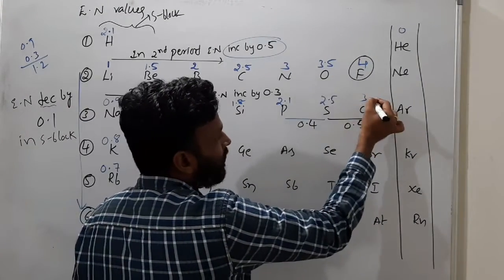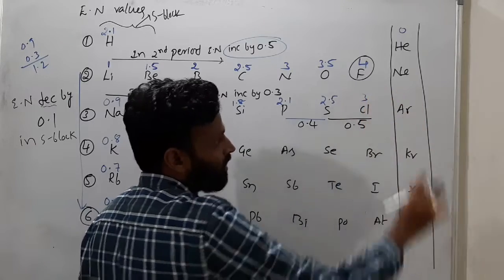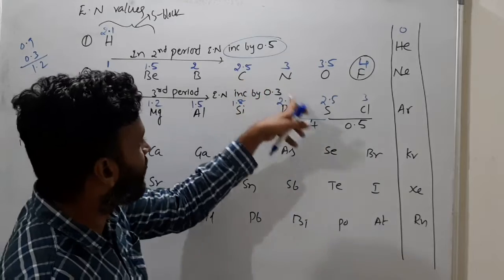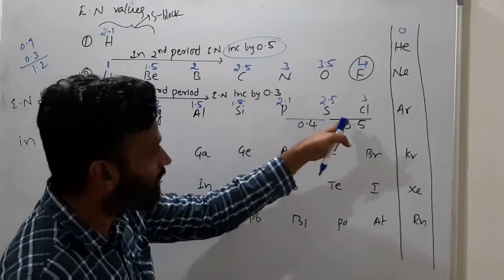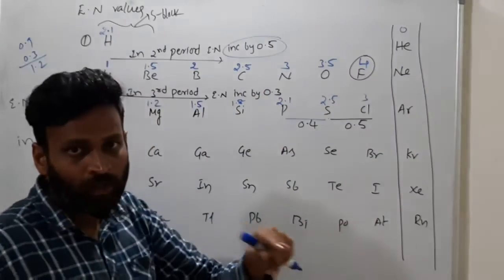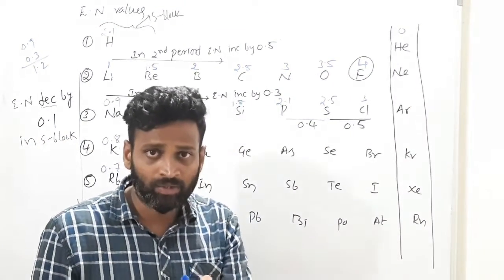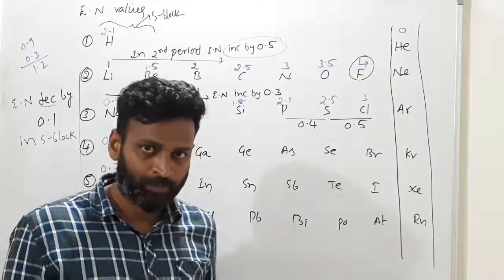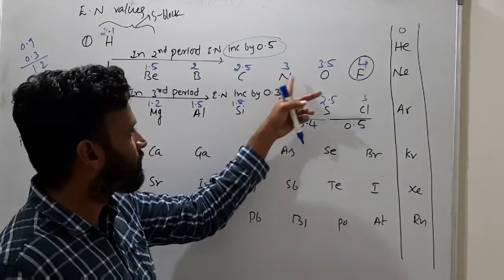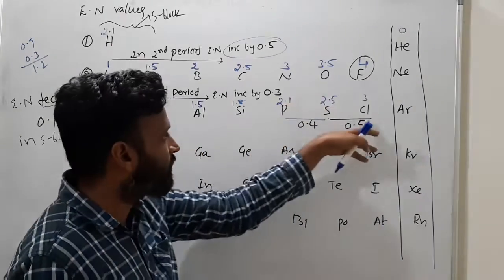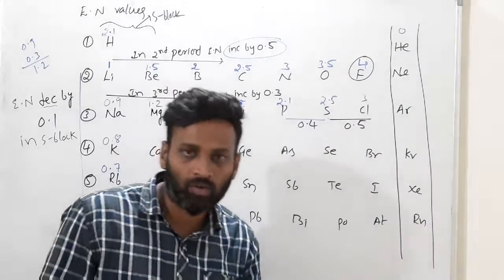It's 3 point something, 3.001 like that. And see here, carbon 2.5 and sulfur 2.5. So bottom elements have slightly more. Two elements have exactly same electronegative values exist or not? Means no. Okay, so here nitrogen 3, chlorine 3 means almost similar electronegativity, but bottom elements are slightly more electronegative.